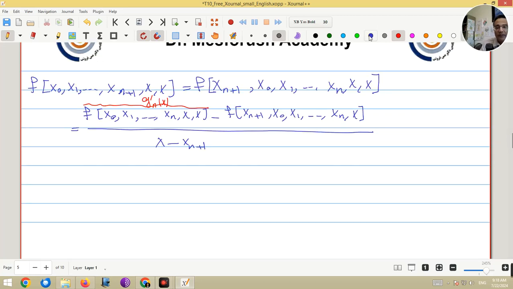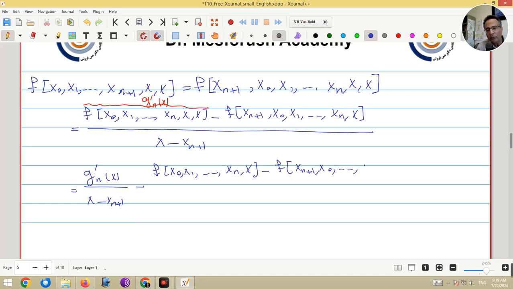So we can split this fraction into g'n(x) over x minus xn+1, minus, and for this one I use the definition of the divided difference, so I get f[x0, x1, ..., xn, x] minus f[xn+1, x0, ..., xn] over x minus xn+1, over x minus xn+1.